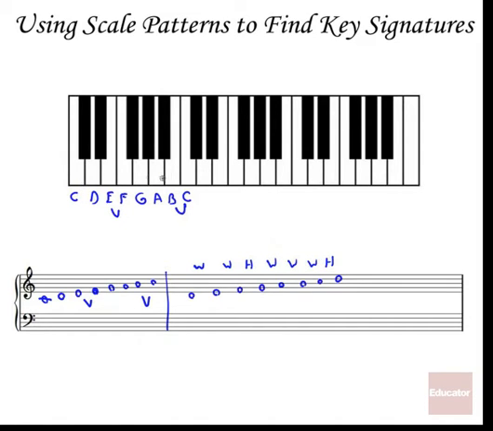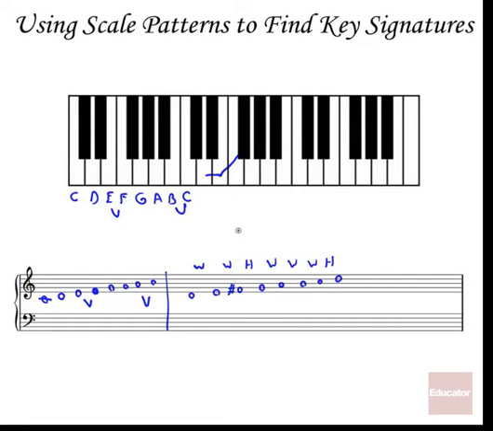So it corresponds exactly to these steps in the C major scale. And so let's find that. D, whole step would be E, so that's fine. And then a whole step from E would be going to this F sharp. So we need to add one sharp.